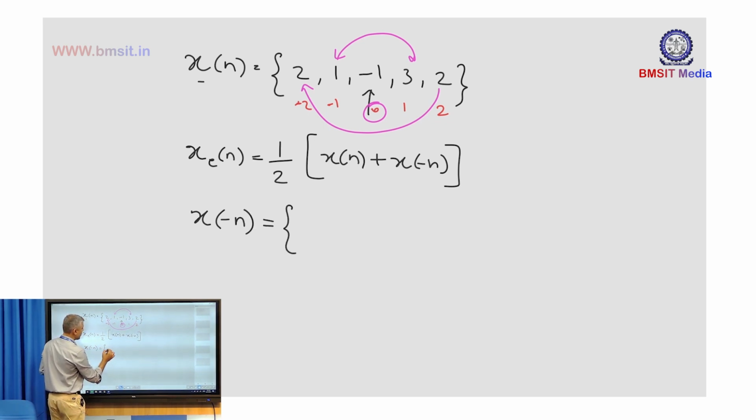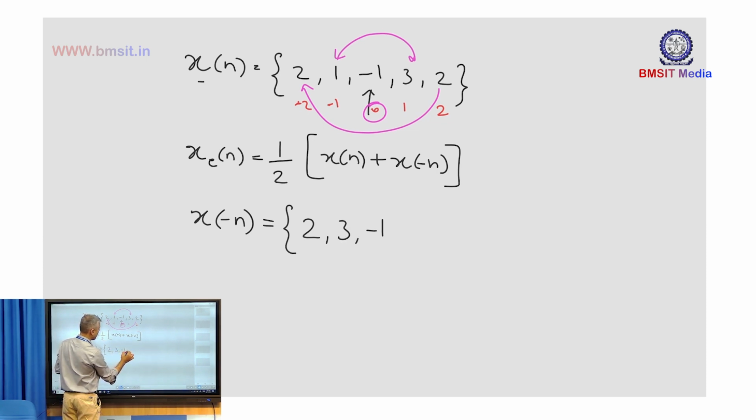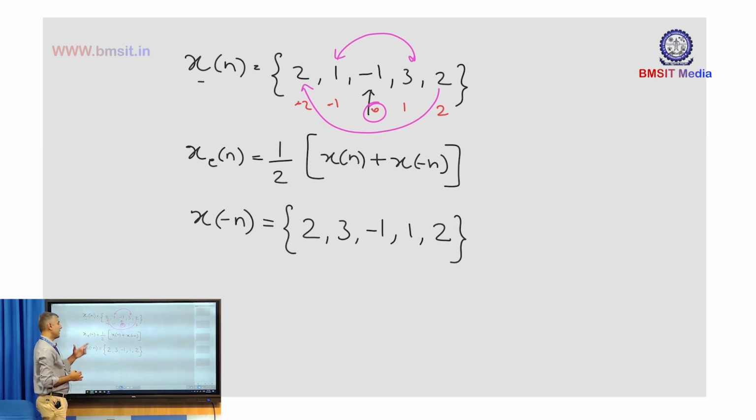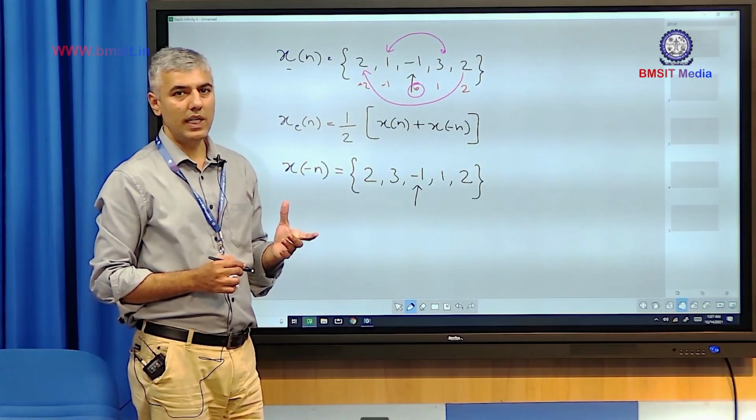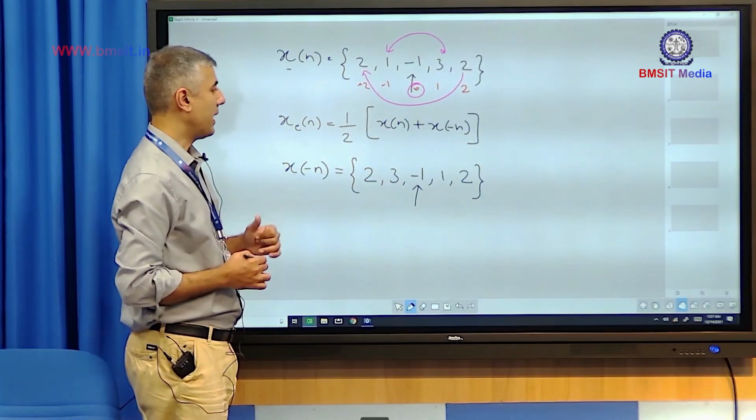So this will be 2, 3, then minus 1 remains in its place, 1 goes here and this is 2. You can see the origin is over here. Our formula for determining the even component is x of n plus x of minus n. So these two are to be added and then divided by 2.